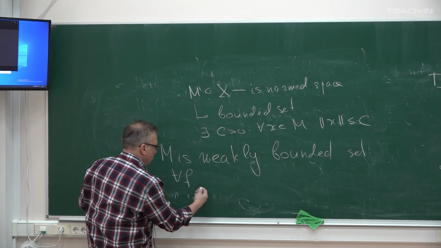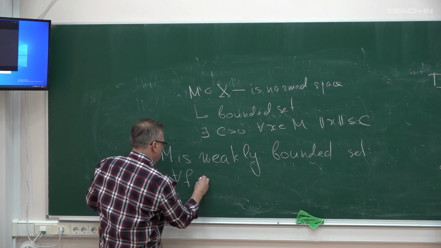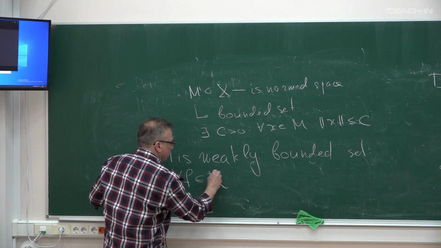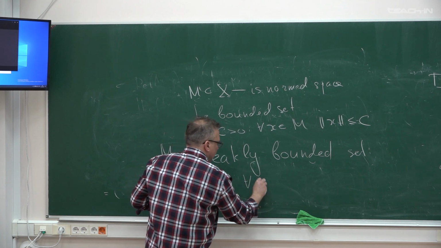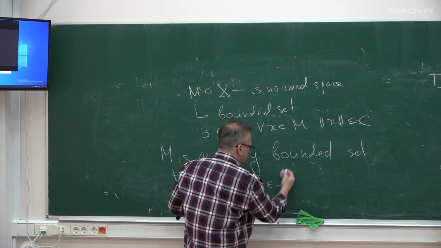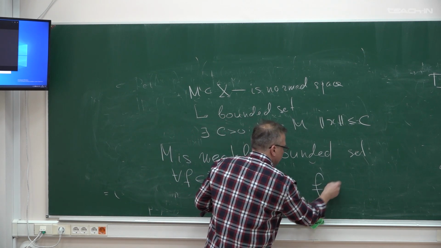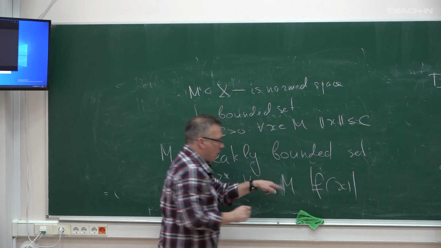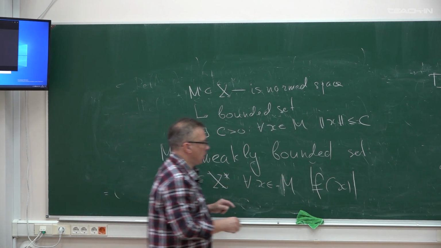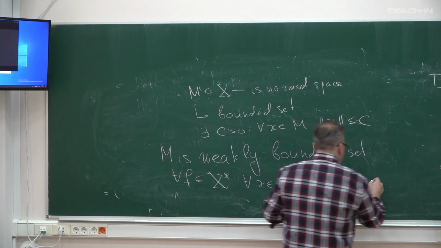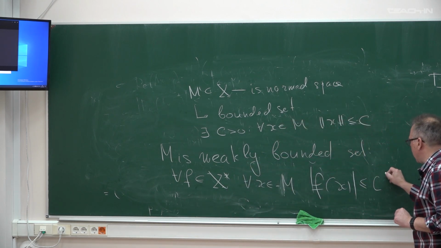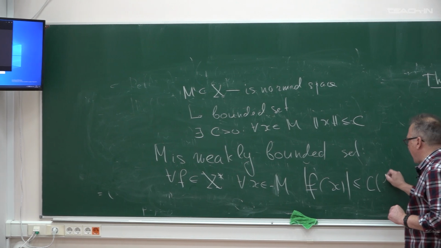It is a good space. The result of the action of a functional on an element x from M can be estimated by a constant which does not depend on x.